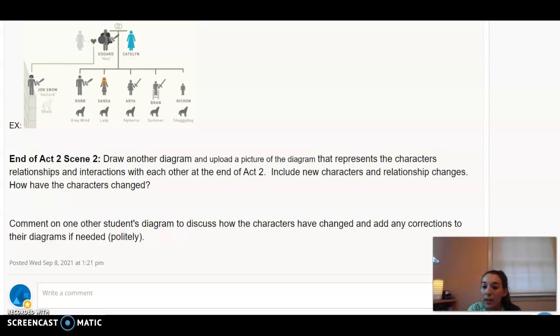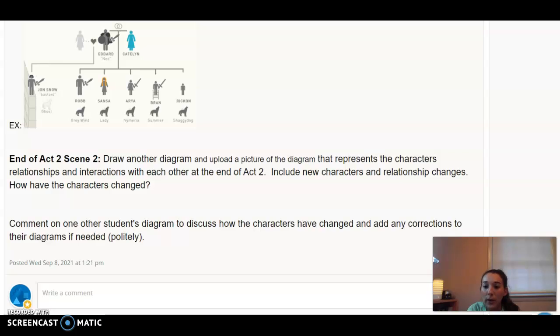So the characters' interactions are meant to be a little bit confusing and frustrating. We obviously can see that Aegeus has a problem with his daughter in the play, and you might not agree with Aegeus. So with that in mind, you might depict something in your diagram in a way that other people might not. So just be polite and try to understand that everybody may view the play slightly differently than each other.